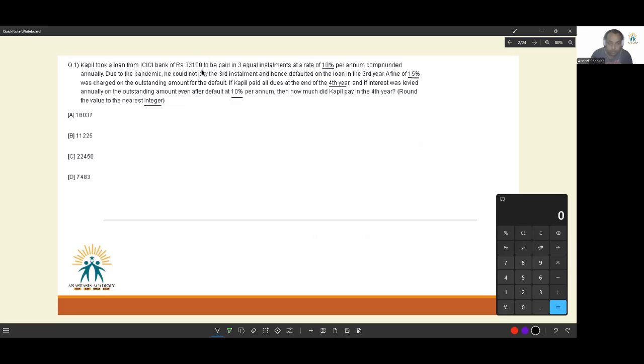Okay. So first we have to figure out what will be his equal installment. 33100 compounding at the rate of 10% for 3 years, means 1.1 raised to the power 3, should be equal to the installment paid at the end of the first year into 1.21, plus the installment paid at the end of the second year into 1.1, plus the installment paid at the end of the third year.